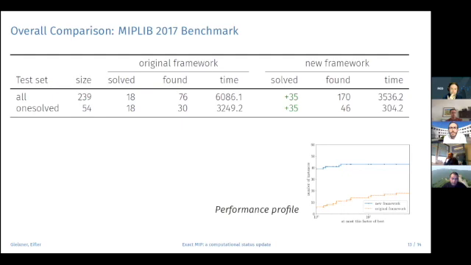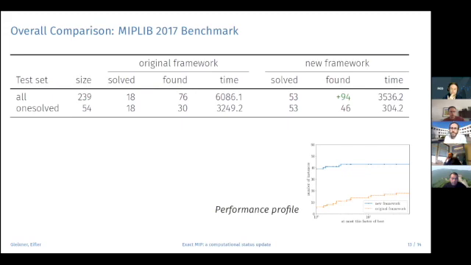And not only that, also on the instances that we cannot solve to optimality, we now find significantly more feasible solutions. So about a factor of 2 more feasible solutions found, and a factor of 3 more instances solved.